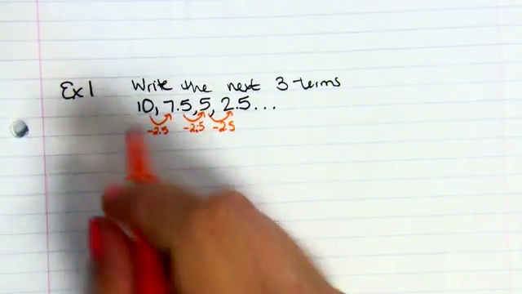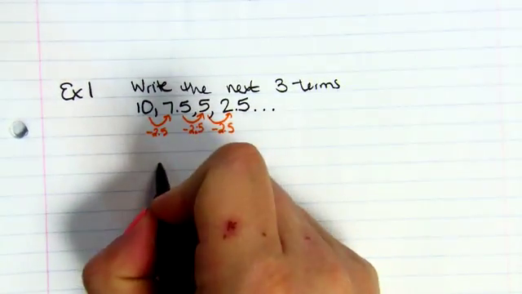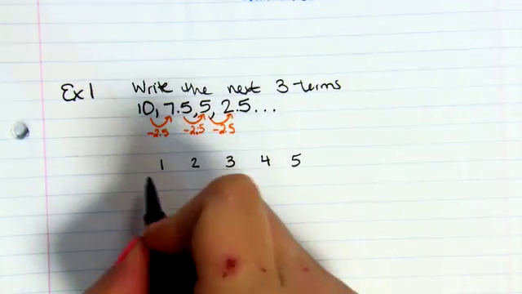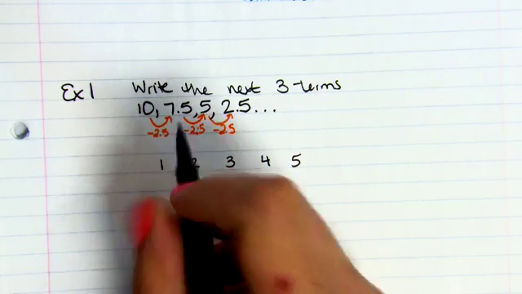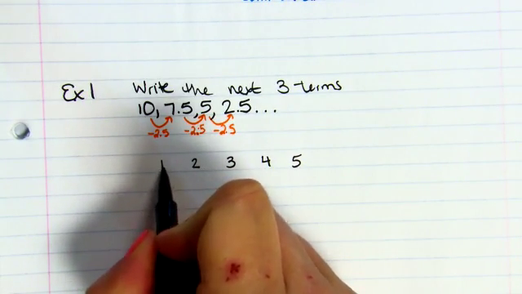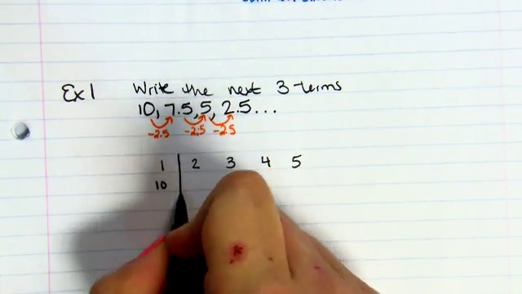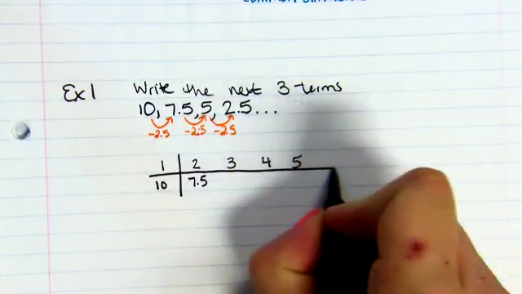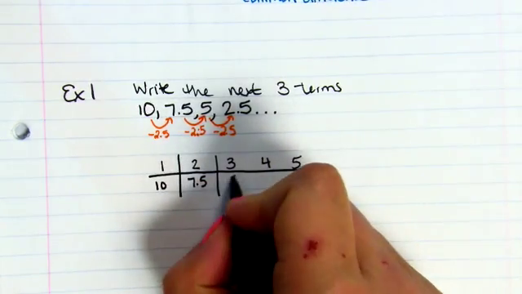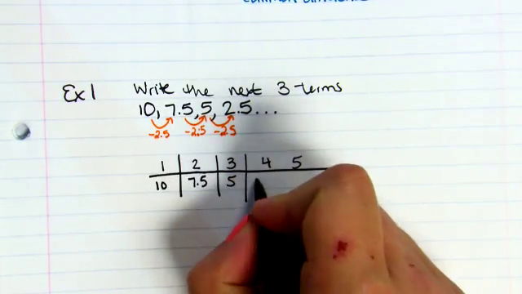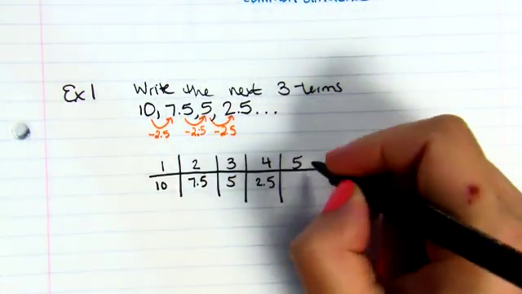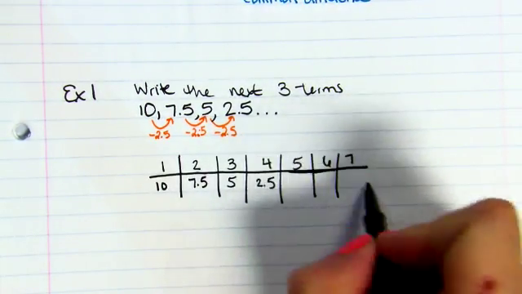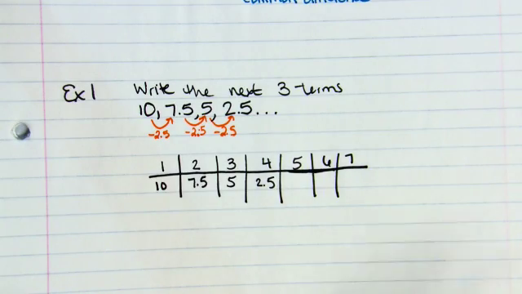Something you can do to organize it a little bit is to make a table with our position number and then what the actual term is worth. The first number in my sequence is 10. The second number is 7.5. The third number is 5. The fourth number is 2.5. And then 5, 6, and 7, the next 3 numbers, are the terms I have to come up with on my own.